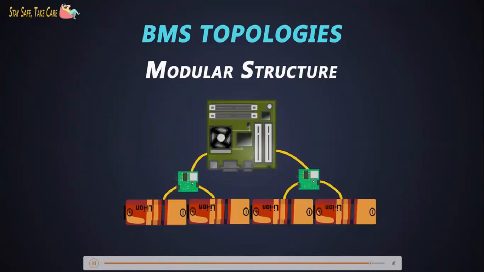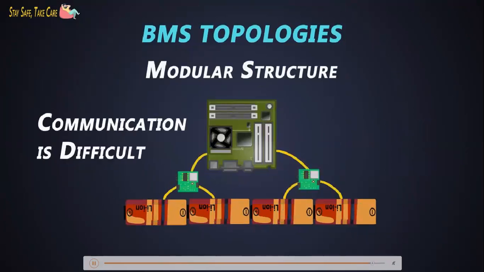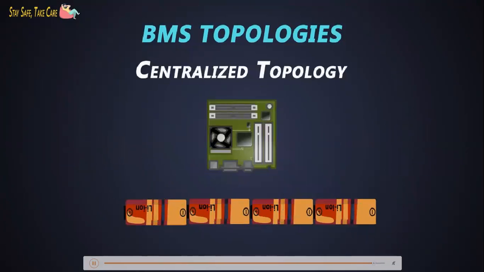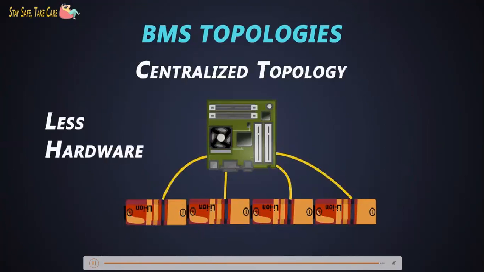Next is the modular structure, and in this multiple slave BMS controllers are used to fetch the data and forward it to the master controller. So no special PCBs are necessary in this. And next comes the centralized topology, where a master unit is directly connected to each cell of the battery pack, and the controller unit protects and balances all the cells.